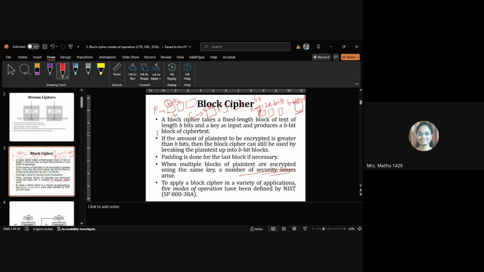Different modes of operation have been defined by NIST, the National Institute of Standards and Technology. They have brought out five modes of operation, but we are going to study only three of them. That is given in our syllabus, and we'll study how encryption and decryption work in these three modes.